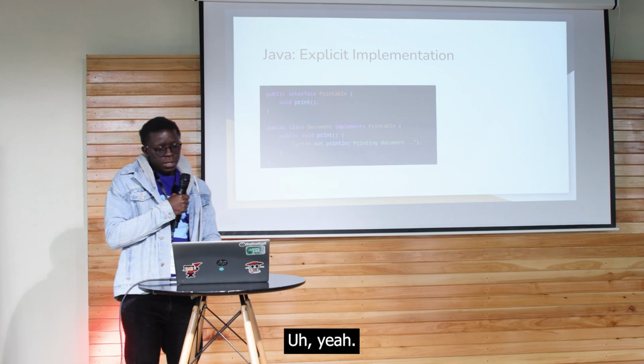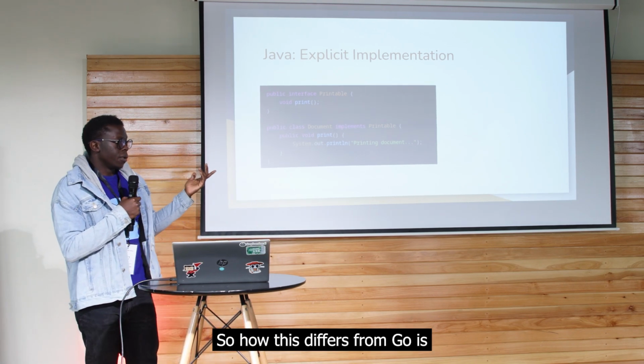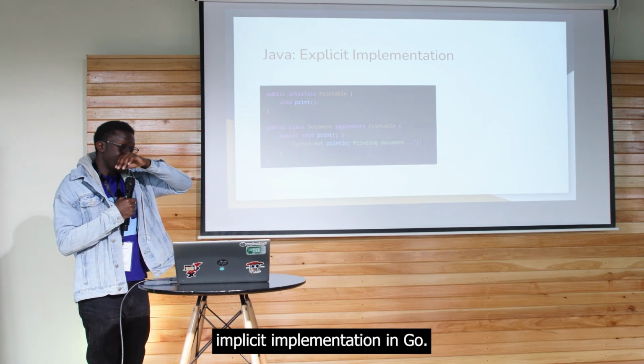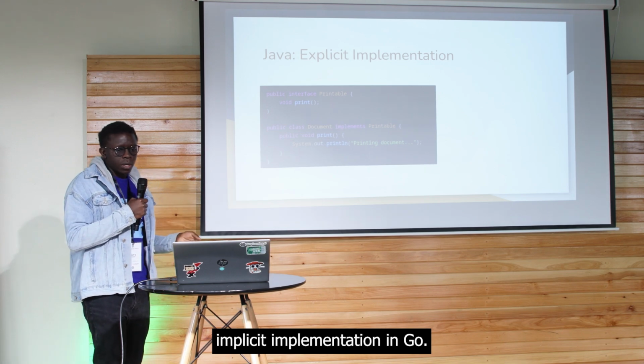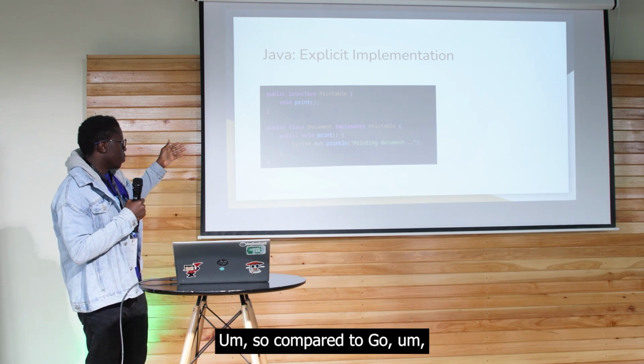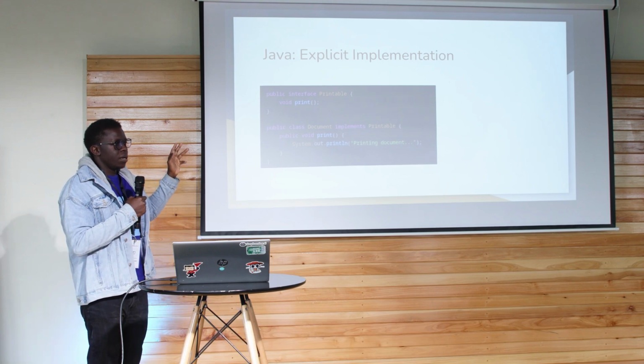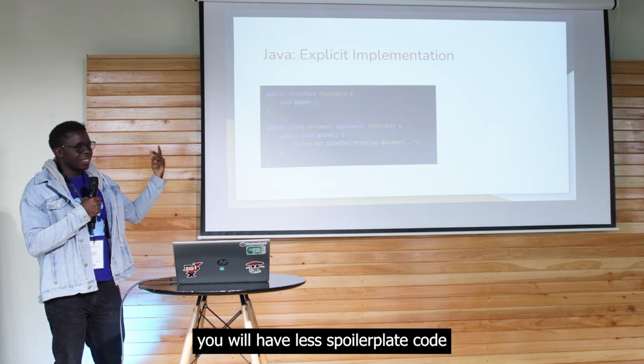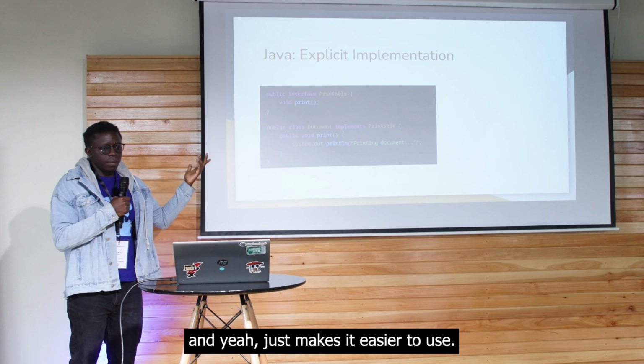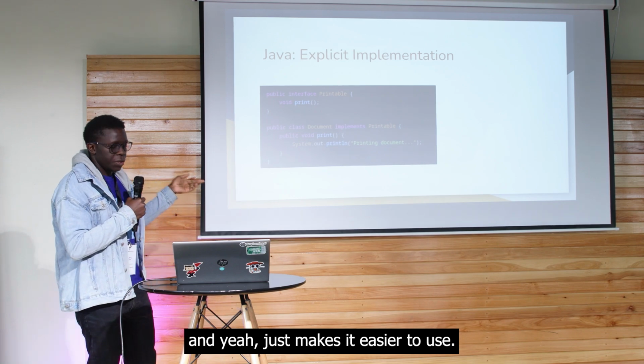How this differs from Go is that we have implicit implementation in Go. So compared to Go, you'll have less boilerplate code in Go, and it just makes it easier to use.